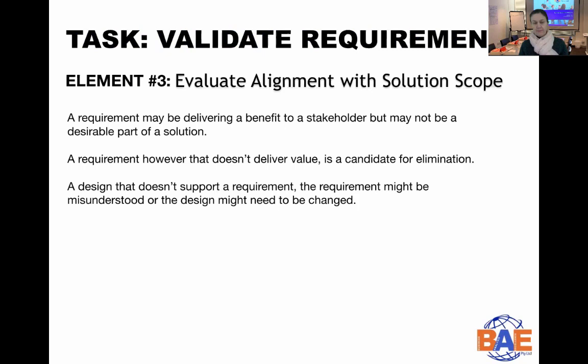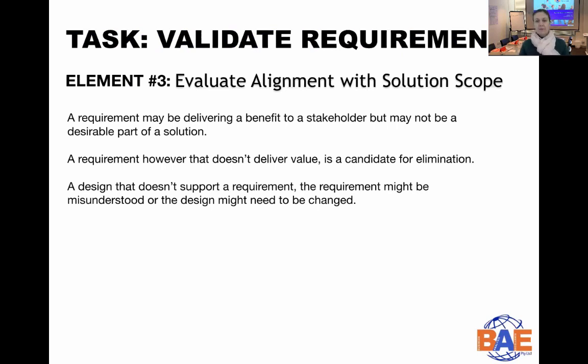So it's important that every requirement is there because it has to be there. It would either be adding direct value to the organization, or it will be essential for another requirement that will add value, in terms of a dependency relationship.